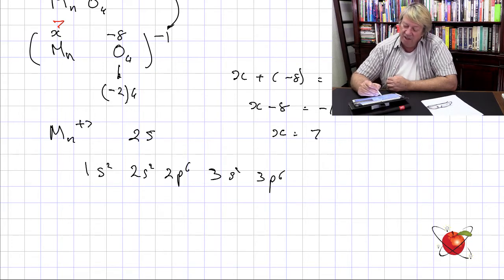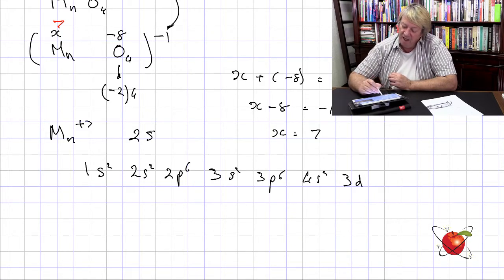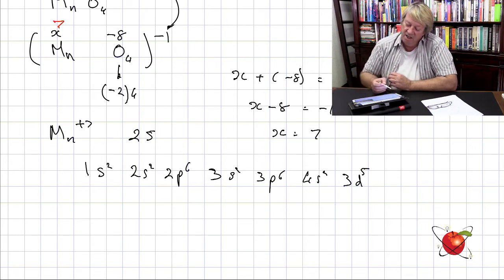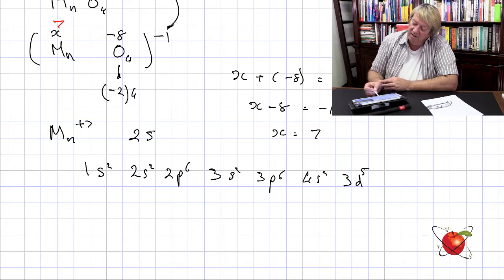Let's have a look where we are. There's 10, there's 18, 3p6, 4s2, okay, because the 4s fills before the 3d, and then 3d we've got here, 10, 18, 20, and 5. Just check, 10, 18, 25. So that's where we are, right?